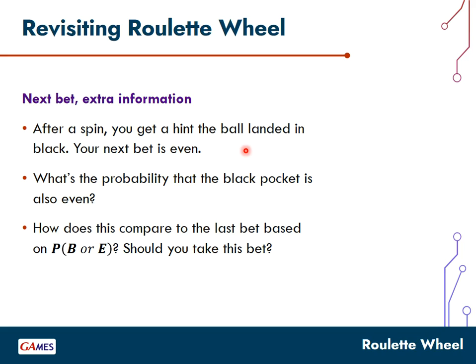Now that you already know that the ball has entered a black pocket, you now need to update that probability based on the information that the new sample space has changed to just all the number of outcomes for a black event. I don't know if I'm making sense. Anyone with me?